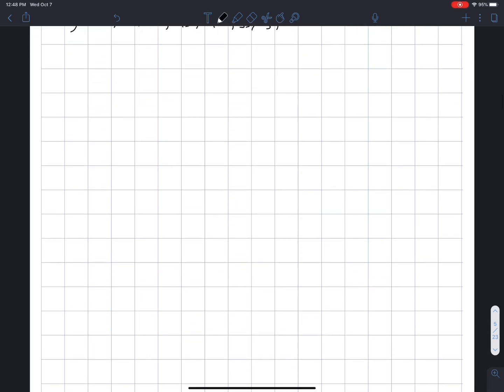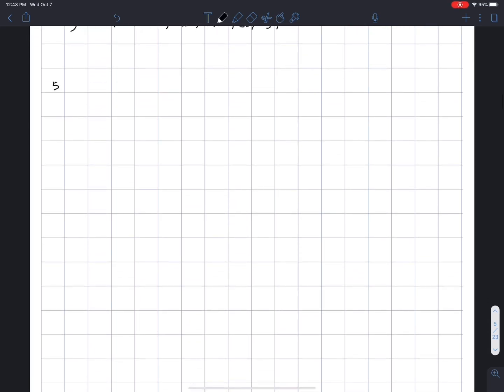Okay, now it's 5B. This time is from 80 to 130. Same idea, I just want to write down all these numbers.